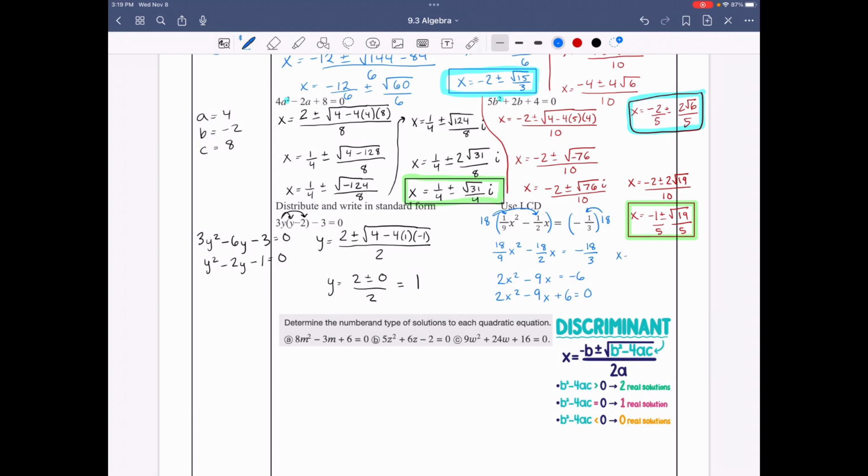So x equals negative b, which is going to be positive 9, plus or minus the square root of b squared, 81, minus 4a, which is 2, c, which is 6, all over 2 times 2.